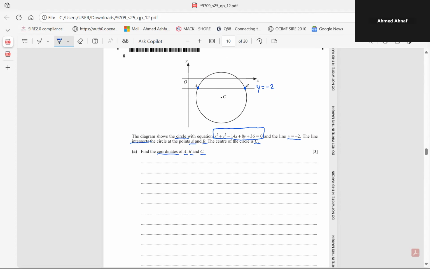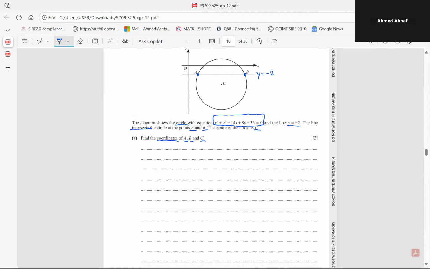Okay, so first of all, let's find the coordinates of A and B. It's the easiest. So let's write down the equations first, the equation of the circle first. So it's like this. This is the first equation, and then followed by y equals -2.